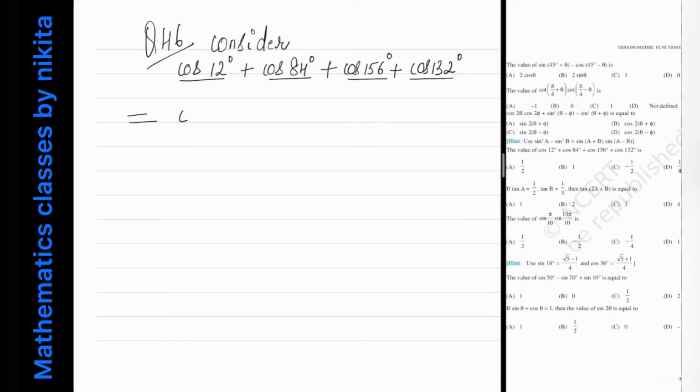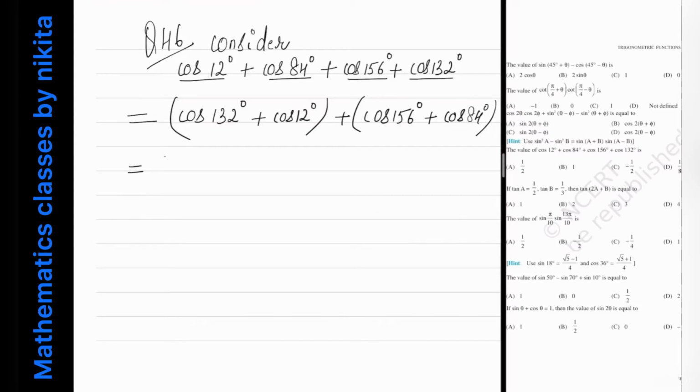So therefore first of all I will write this as cos of 132 degrees plus cos of 12 in one bracket, then plus cos of 156 degrees plus cos of 84. Okay, now apply the formula of cos of A plus B.